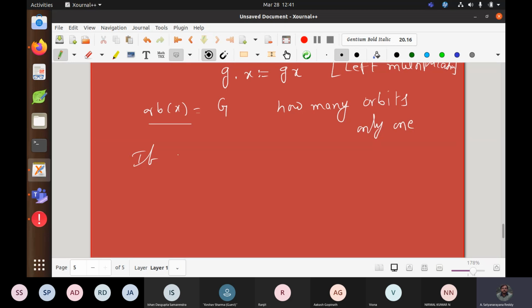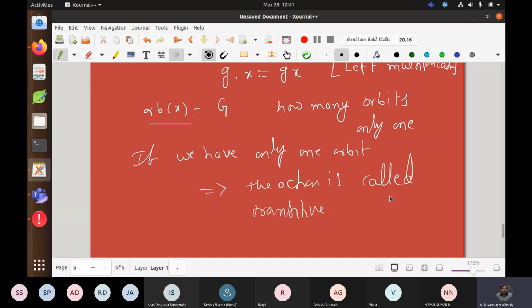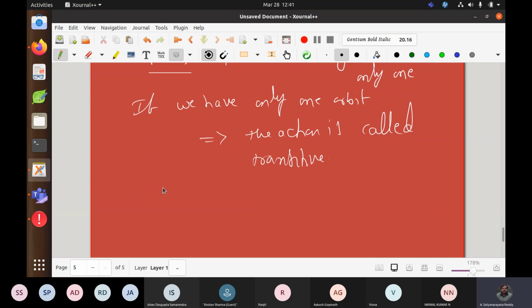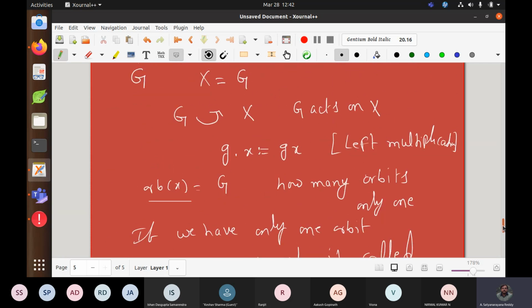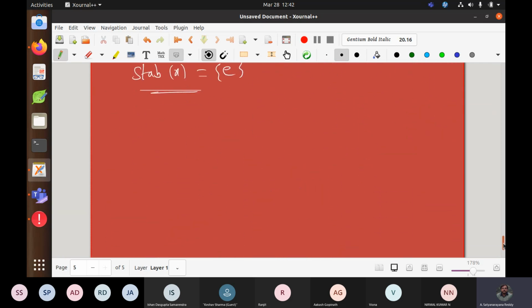If we have only one orbit, the action is called transitive. In that case, what about the stabilizers? They are all singleton E. The stabilizer of x is only E for every x. So here stabilizers and orbits are completely computed, right?